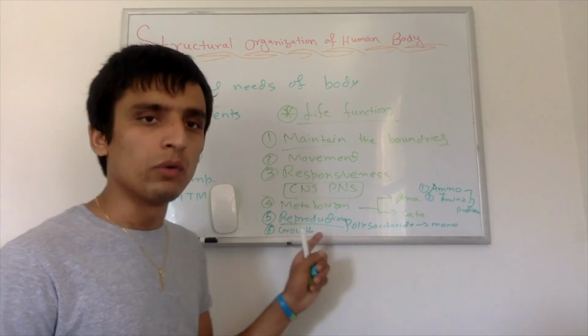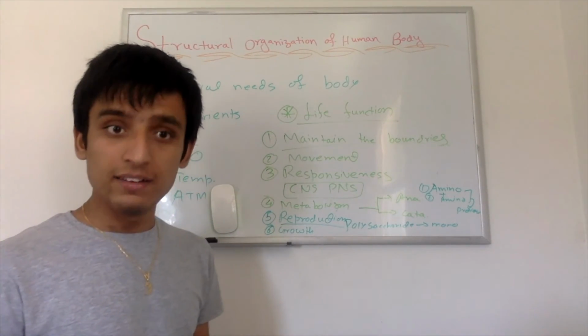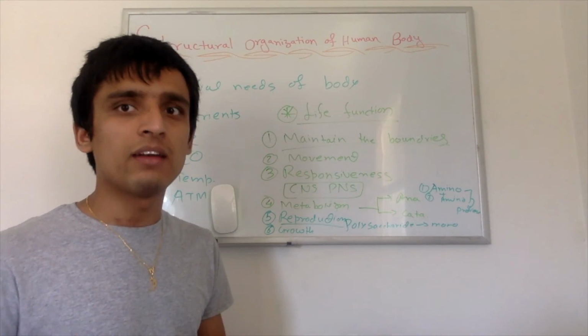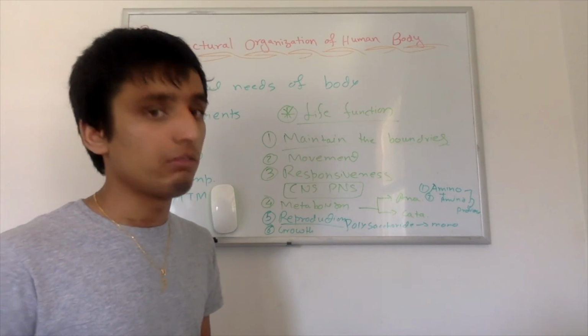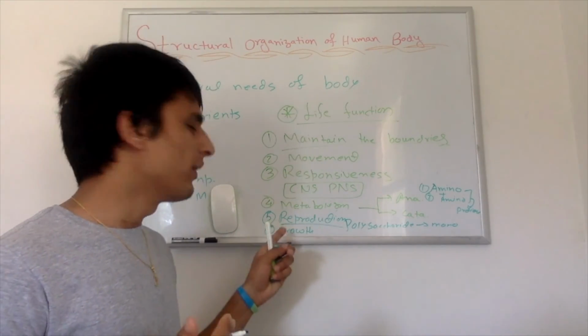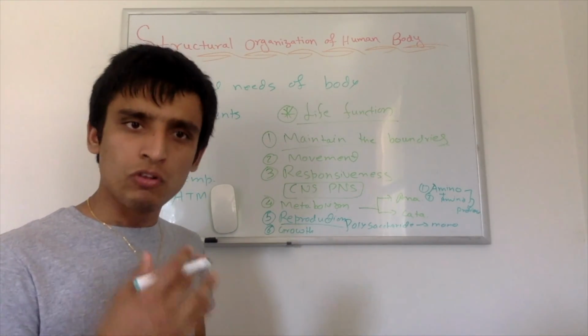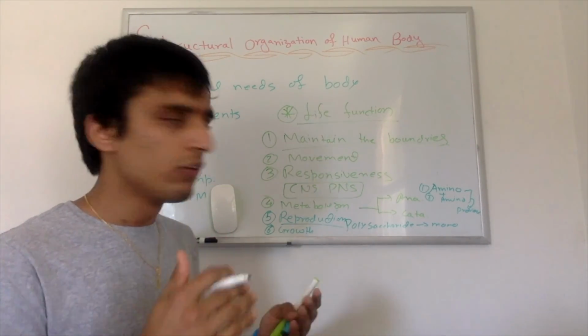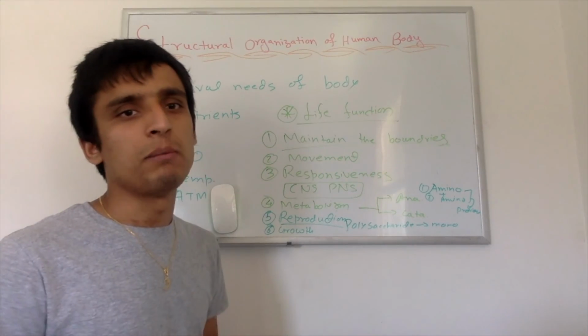So you need growth, and cells need to divide. The number of cells needs to increase. That does not mean cells should increase rapidly and randomly like cancer cells, but growing means increasing slowly and at a certain level. So that's why growth is also very important.